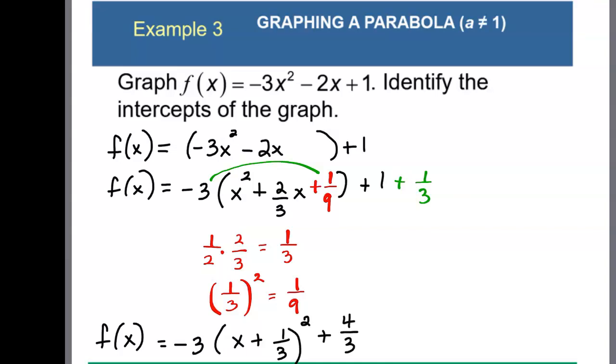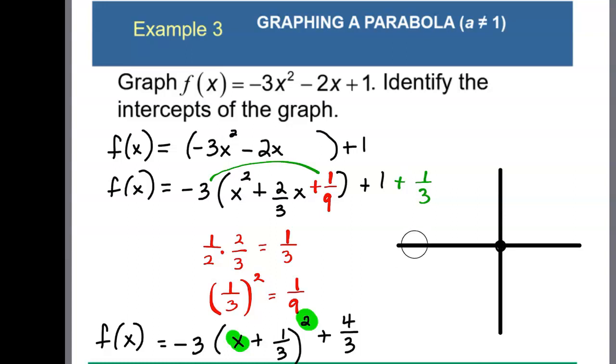Okay, and so then we can use our knowledge of transformations to move that around. And we can also find the intercepts of the graph. So let's go ahead and do that. Get a graph going. At the heart of our function is the quadratic x squared. I know that that would be centered at the origin.